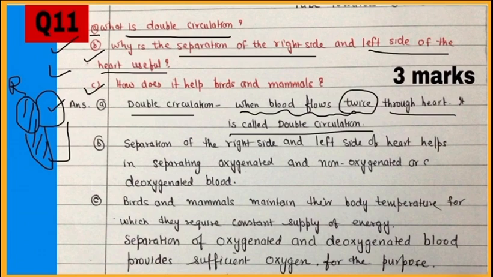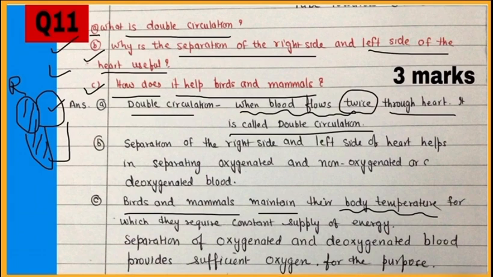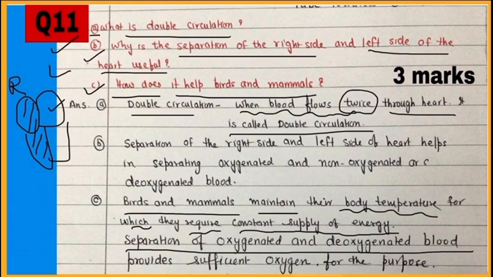Part C. How does it help birds and mammals? Birds and mammals maintain their body temperature, for which they require constant supply of energy, and separation of oxygenated and deoxygenated blood provides sufficient oxygen for this purpose.